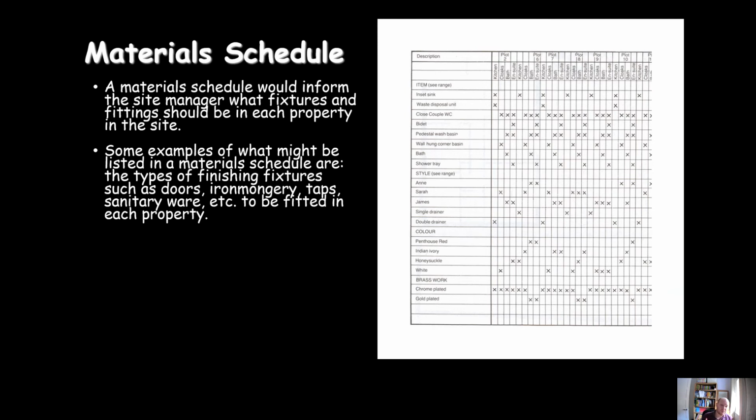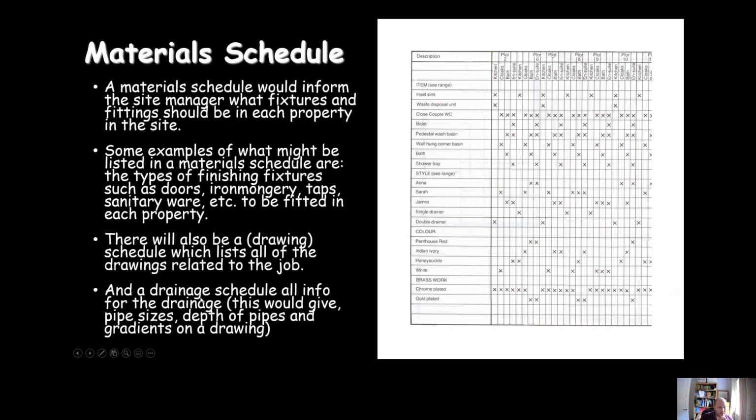They might want chrome taps, brass taps, whatever. The material schedule will tell us what to fit, different types of sanitary ware, etc. So the material schedule tells us what to fit. The Programme of Works tells us when to fit it.